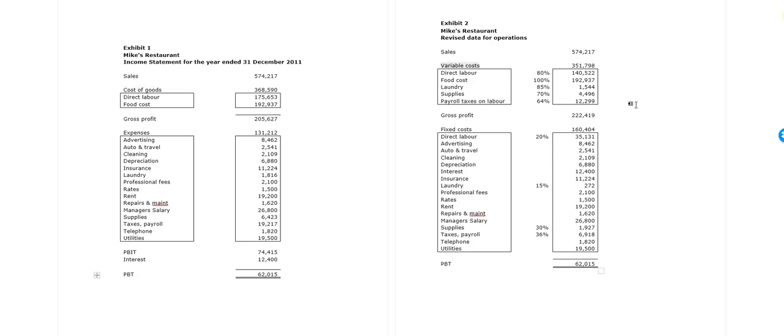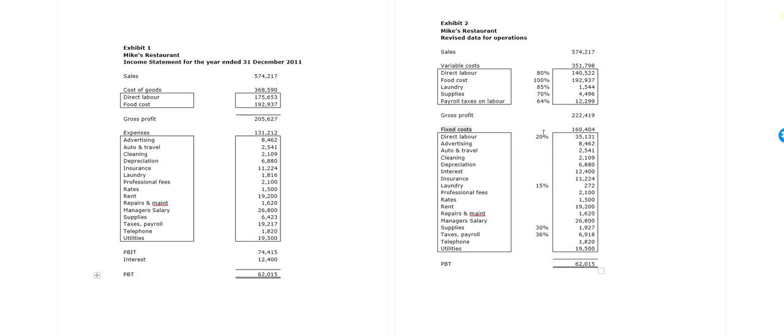In other words, all of the costs in the business that are variable have been neatly consolidated together, and we have a total cost for those expenses. And below that, all of the costs that are fixed costs have been put together.